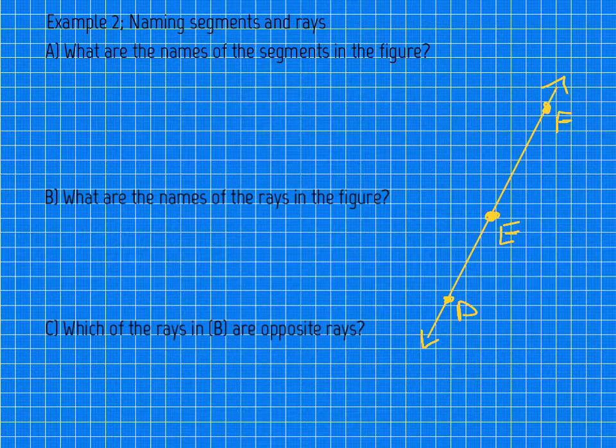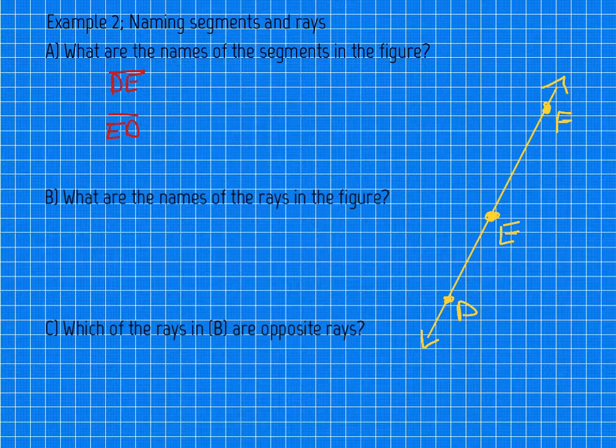For these next examples, we're going to use this line D, E, F, that line right there. And we're going to name different segments and rays incorporated with this line. So we want to know what are the segments in this figure. So there's several segments, and we can say all the letters multiple ways. So first we have segment DE. We can also call that segment ED.